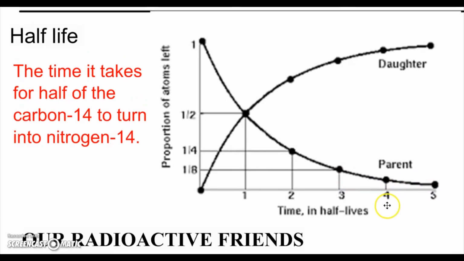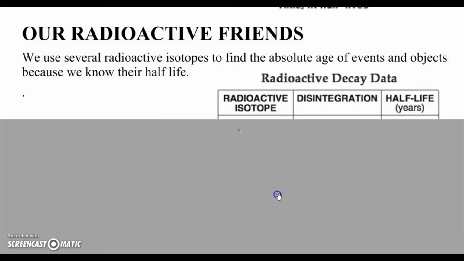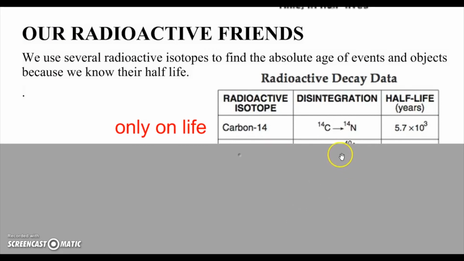That's why there are other radioactive elements that we can use. Okay? So we have rocks measured out in the billions of years. Okay? Well, that's because of our radioactive friends here. Okay? So carbon-14 works only in life. So only things that were alive and eating carbon and eating plants and stuff are the ones that have carbon-14.